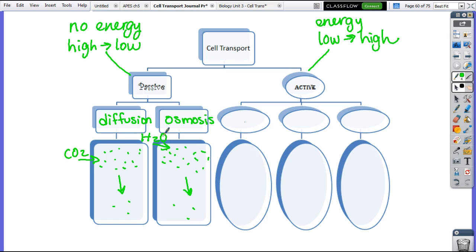All right, active transport. We have, I know it's going to be hard to fit in here, endocytosis, exocytosis. Again, if you want to abbreviate, that's fine. And then sodium, potassium pump. And you could write out the words or you could write out the ions.